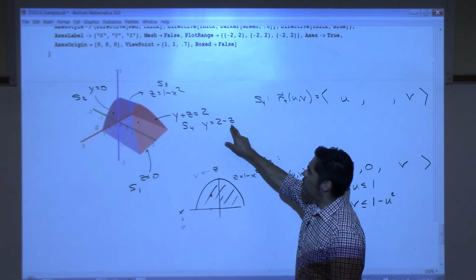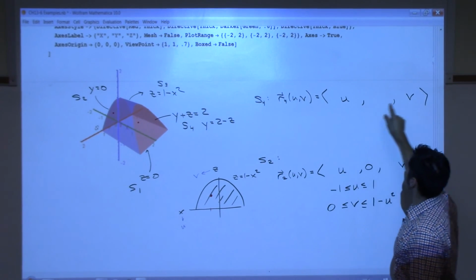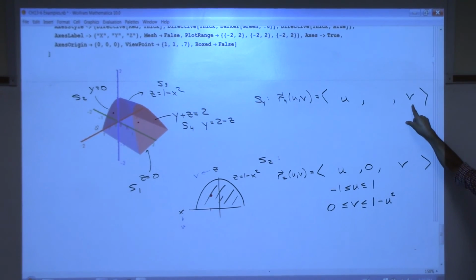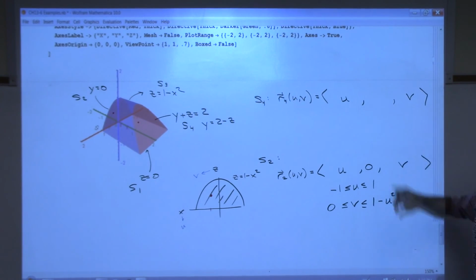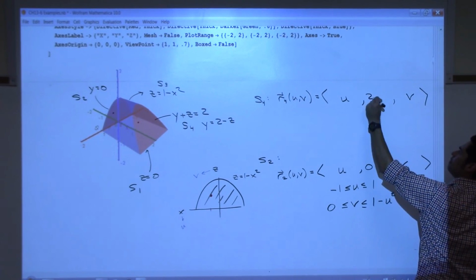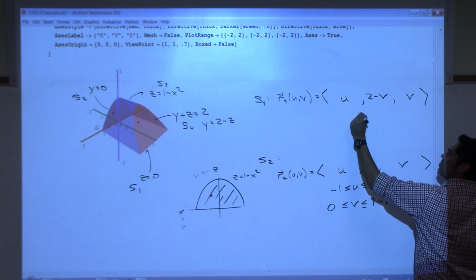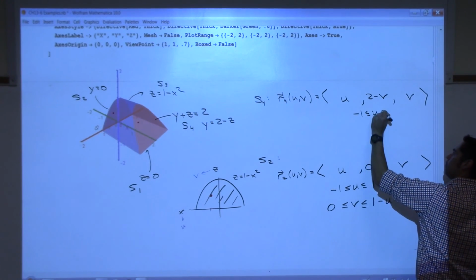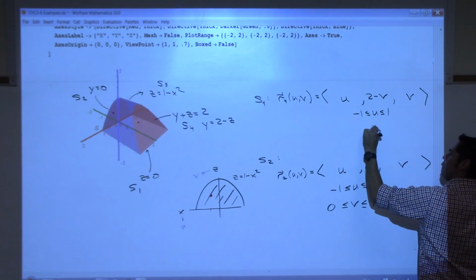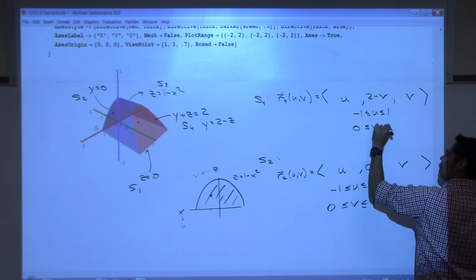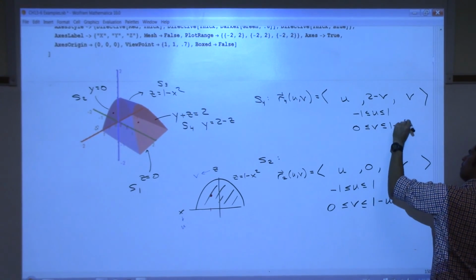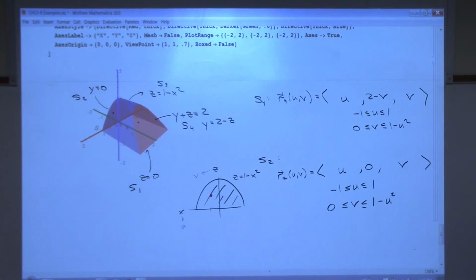And I know the z coordinate, don't I? The z coordinate is my v coordinate. So this should be 2 minus v. And then same restrictions as we had here. Is that okay? We're not done, but is that all right with you? Yeah.